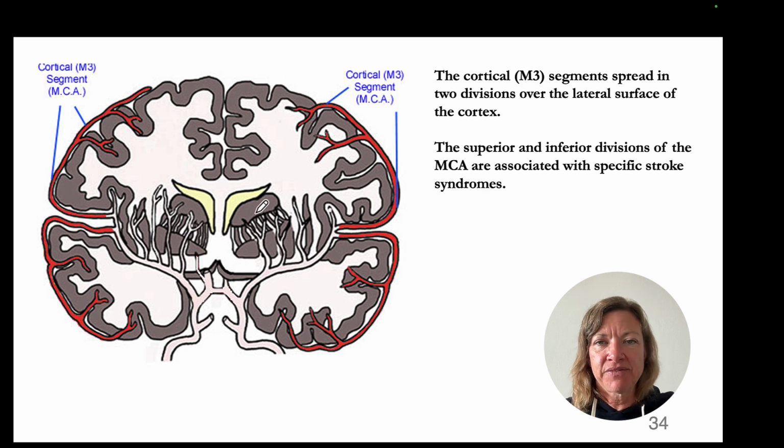And finally, we have the cortical, or M3 segments. And so this is the superior division, obviously spreading superiorly, and the inferior division, traveling inferior to the lateral sulcus. That's the dividing point. And the superior and inferior divisions of the MCA are associated with very specific stroke syndromes.